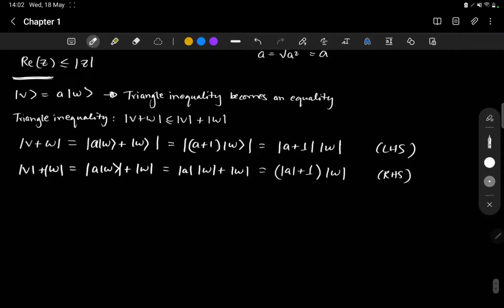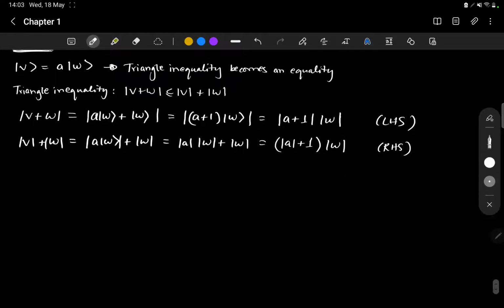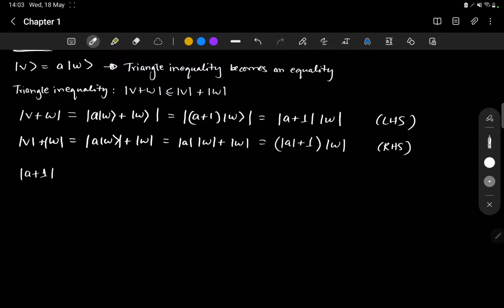And if you see over here, then we also see that mod of a plus 1 will be equal to mod of a plus 1 only for positive real a, because if a is something negative, then here this equality will not be satisfied.